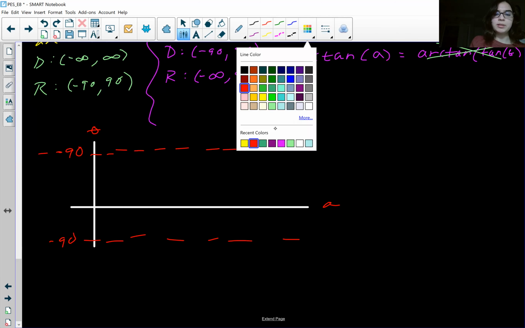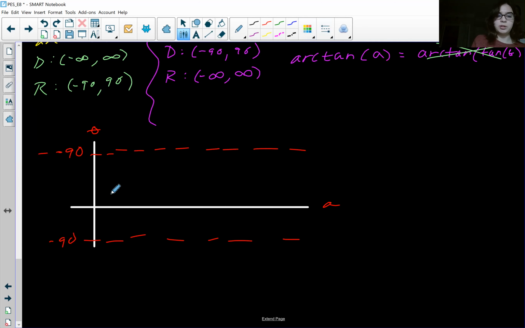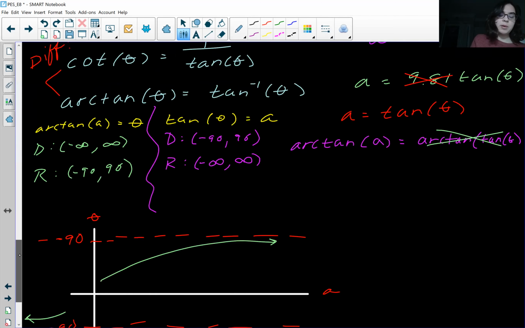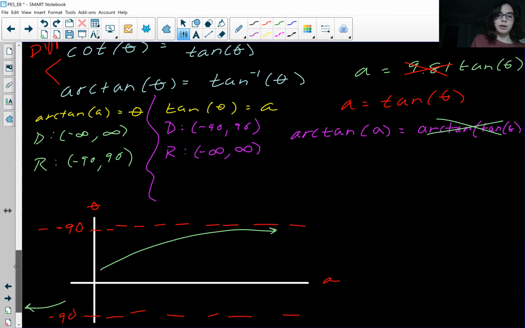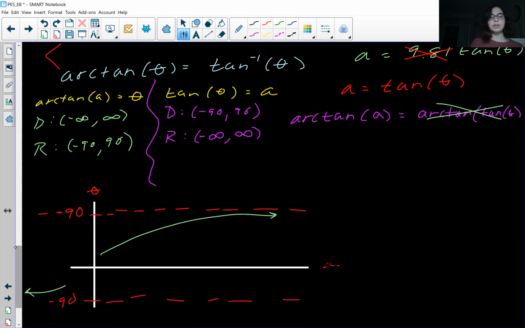But anyways, we know that the ends of this are going to approach those asymptotes. Let's think about where it crosses the x-axis. If we have an acceleration of 0, the pendulum is not moving, so there's no angle. So we have a point at 0, 0. And then we can connect this.